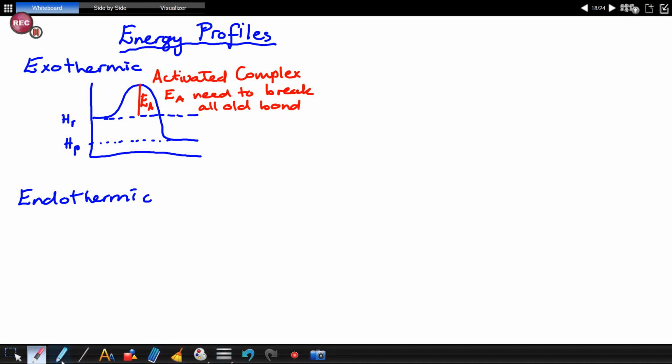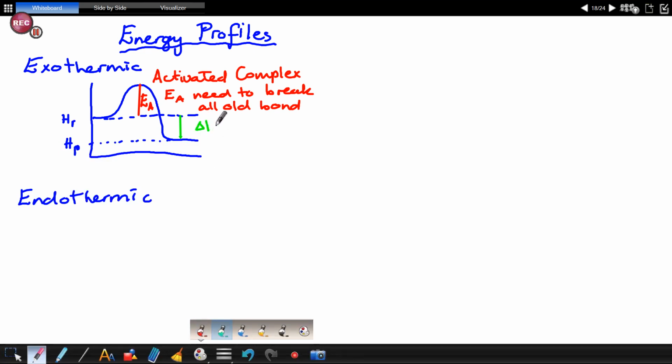And then the delta H would be the difference between the energy of the products and the energy of the reactants. So that is the delta H.